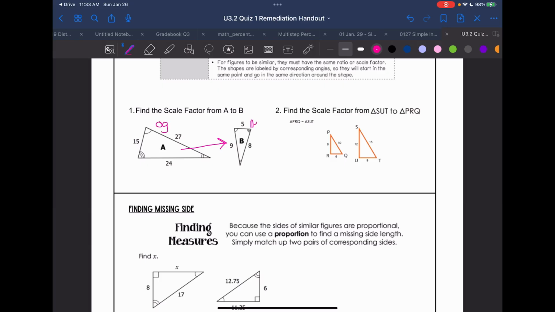Triangle B is my new one. So I have to use N over O, which is new over original. I can use any side that I want, but I just have to make sure that the other side that I use is corresponding. So if I look at triangle B and use this side right here, which is 5, that means I have to use this side right here, which is 15.